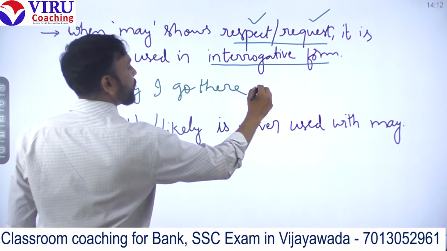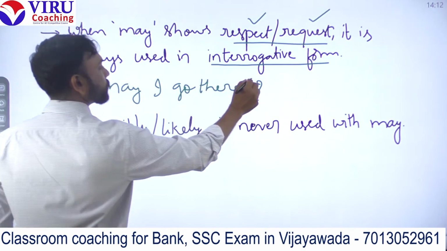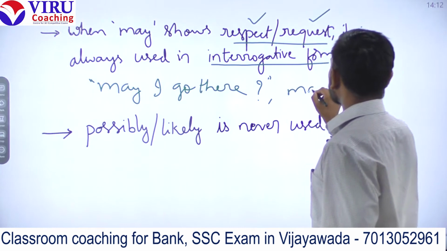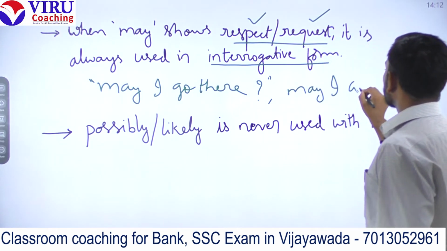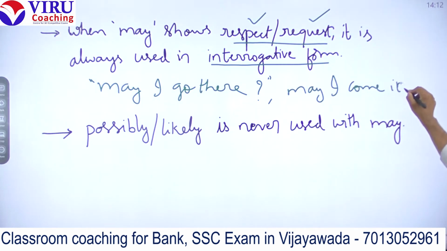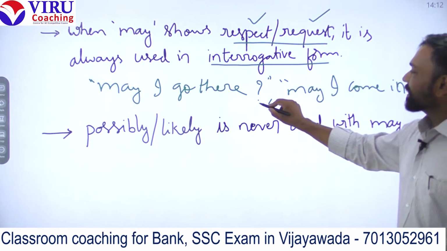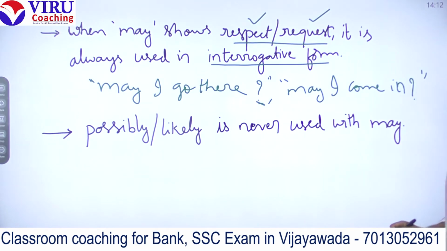May I go there? Interrogative form. You can write one more example. May I come in? May I come in? Another example. So this is an interrogative form and it is requesting. Alright, it is requesting or respect. It is indicating respect.